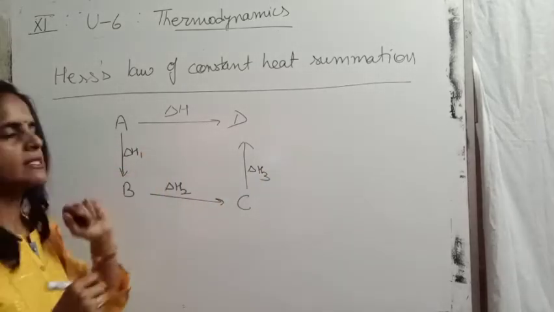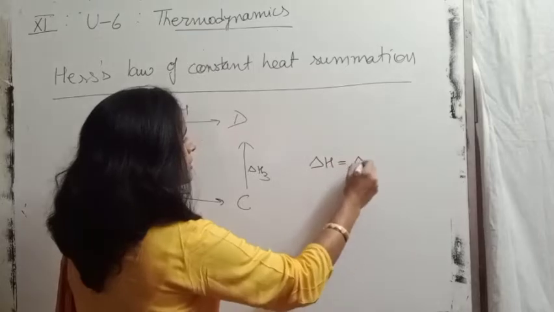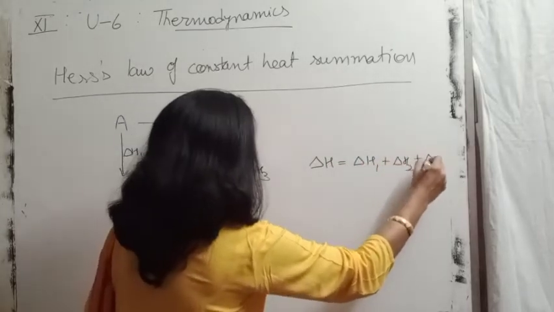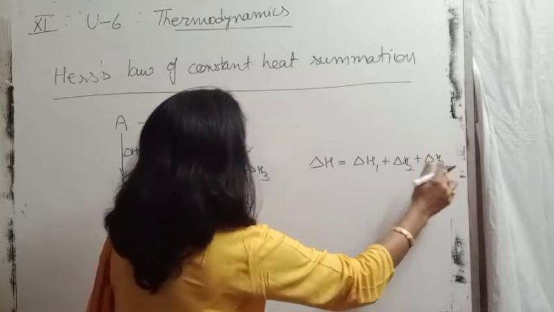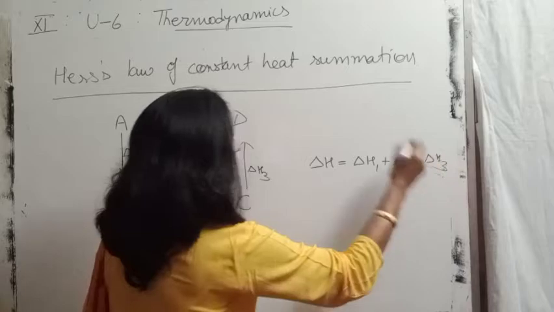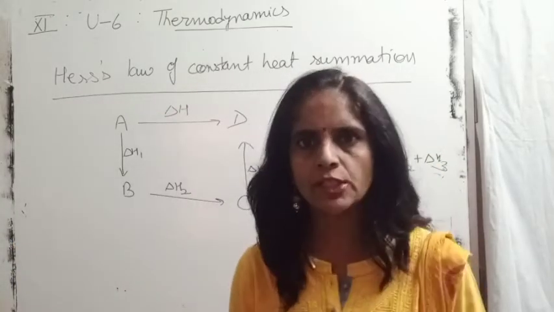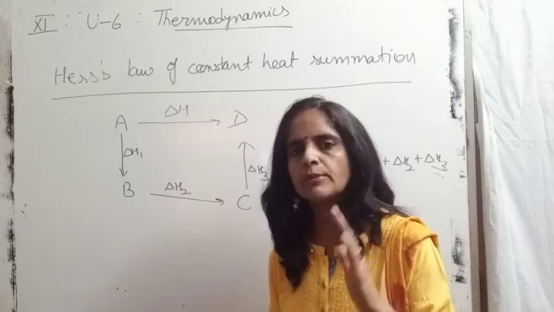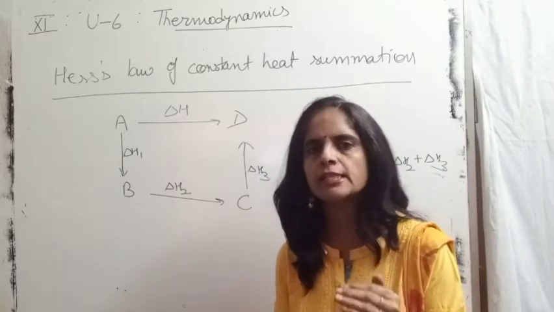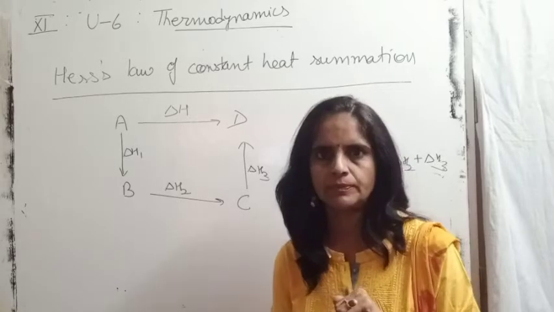So according to this Hess law, delta H is equal to the sum of enthalpy change of each step. So we may define it in this way: the total amount of enthalpy change always remains constant whether the process takes place in single step or multiple steps.